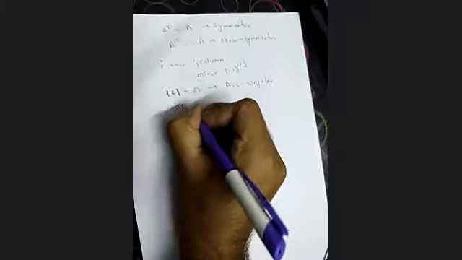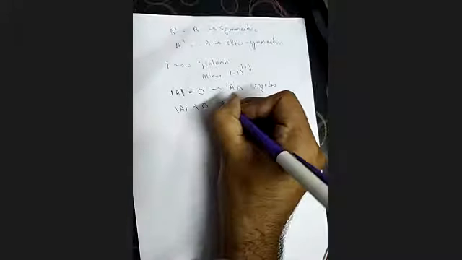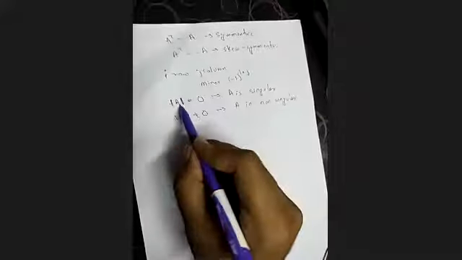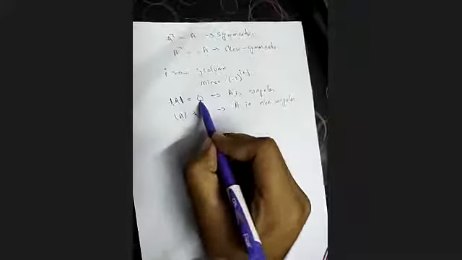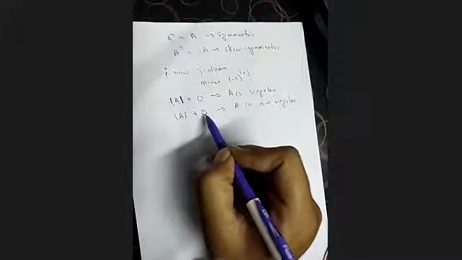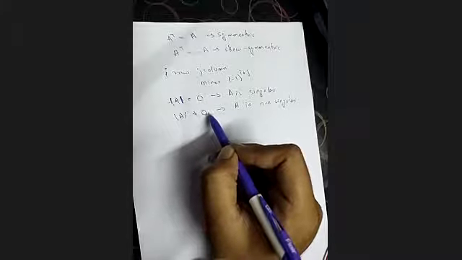If determinant of A is not equal to 0, then this A is a non-singular matrix. Got it? When do we say it's singular? If det of A is equal to 0. If det of matrix A is not equal to 0, it's non-singular.